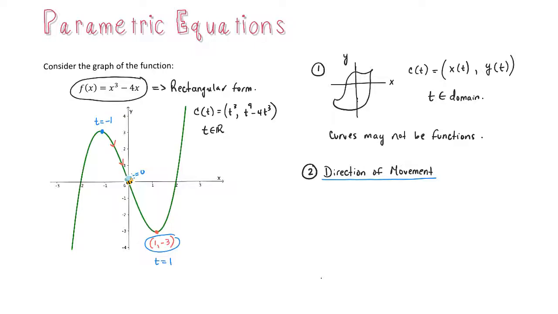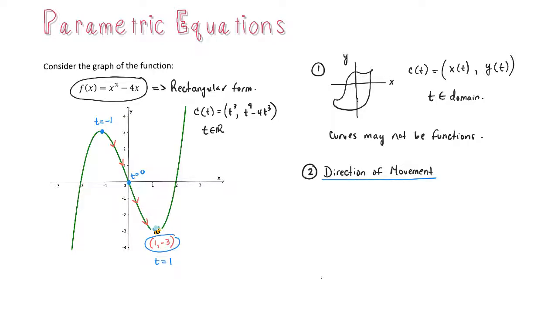Then, when t was equal to 1, we found that the location of that bug happens at the ordered pair (1, -3). That really means that if we continue moving, the bug travels all the way up to here. So, denoting again with arrows pointing in that direction.